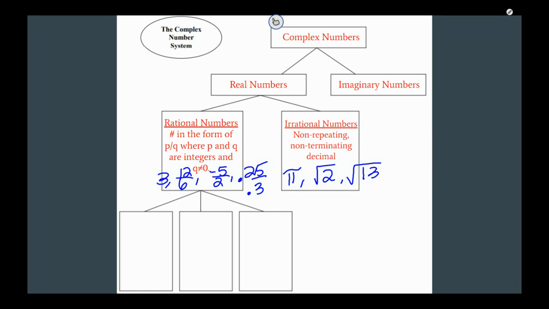And then your real numbers can be broken down into 3 more categories. The natural numbers, like 1, 2, 3, and 4, so on and so forth.